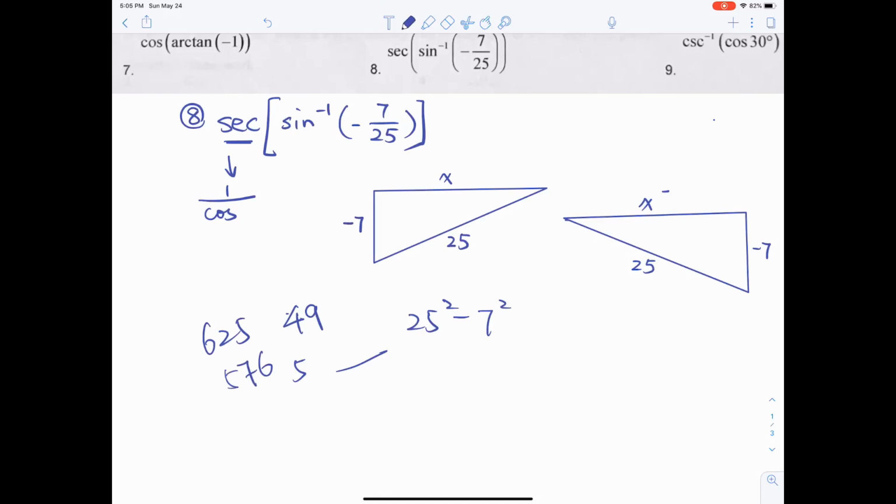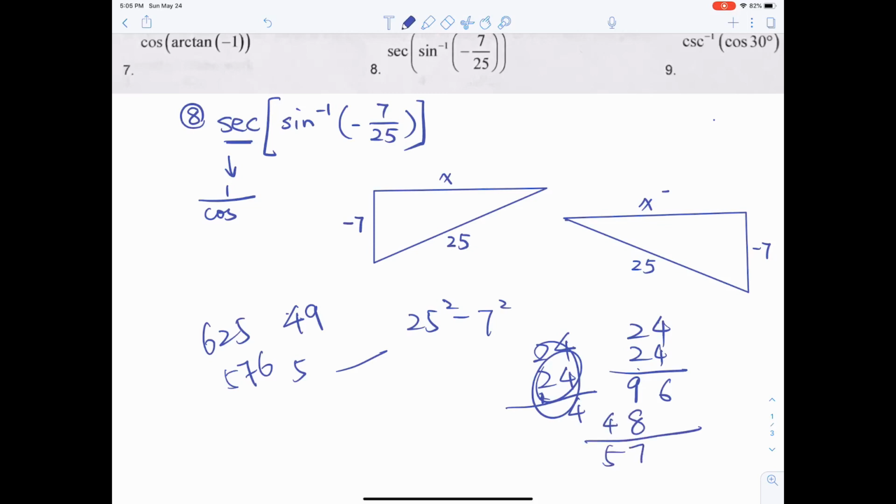Let me see, it must be 24. Let's try: 4 times 6 is 24, 4 times 4 is 16. 576. So this one is 24 or -24.